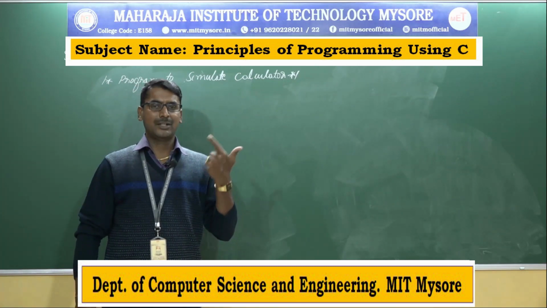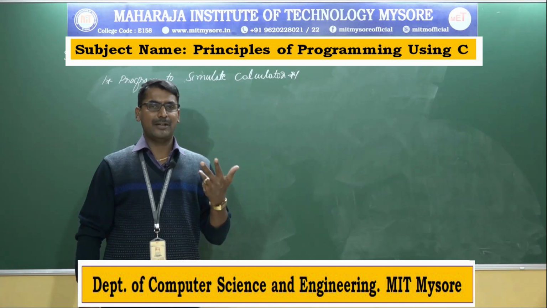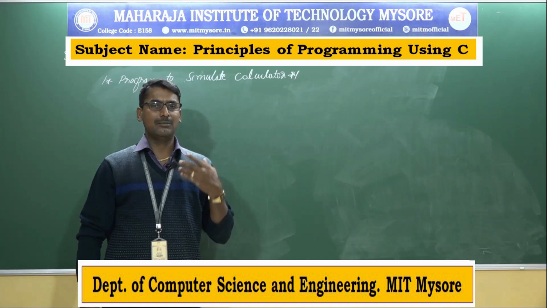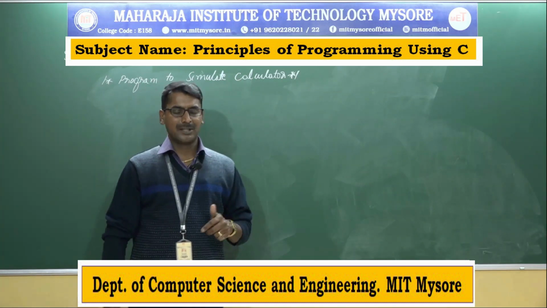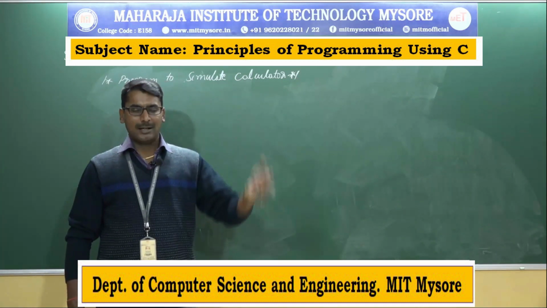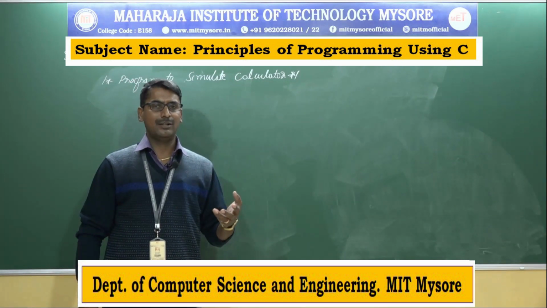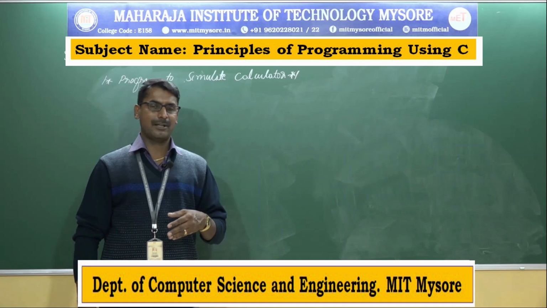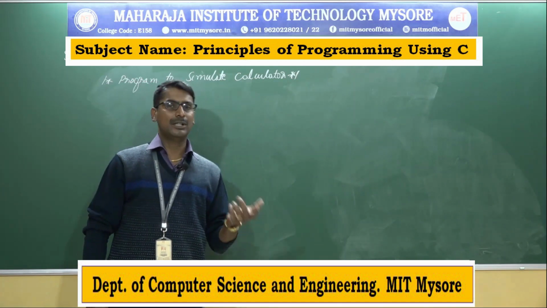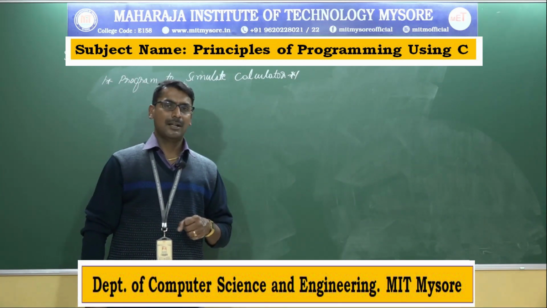So 1 is for addition, 2 is for subtraction, 3 is for multiplication, 4 is for division, and 5 is for the modulus operation. After selecting any one of the options, it returns the result. If I do not specify a proper value, it has to return invalid option.